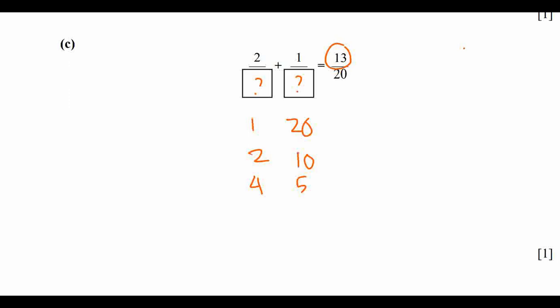Let's do trial. If we take 1 and 20 in here, this must be times 20, and this times 1, and the answer will be 2 times 20 is 40 plus 1 is 41, is not 13, so this option is not correct.